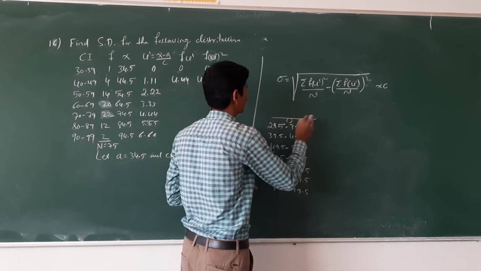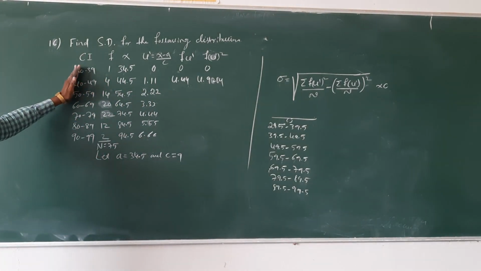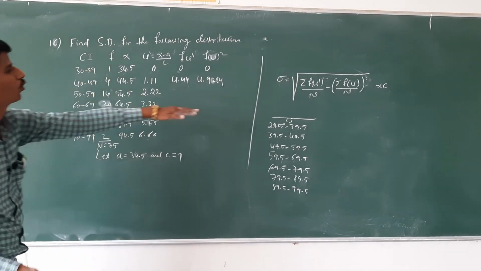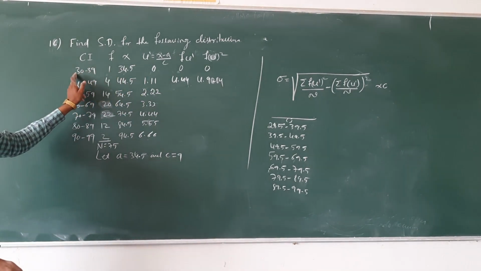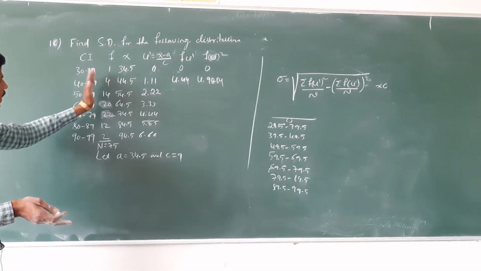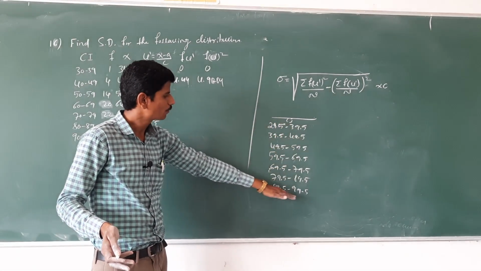These are exclusive classes. To convert inclusive to exclusive, you subtract 0.5 from the lower limit and add 0.5 to the upper limit. That is, 30 minus 0.5 is 29.5 and 39 plus 0.5 is 39.5. The remaining are the same, 29.5 to 39.5 up to 89.5 to 99.5.